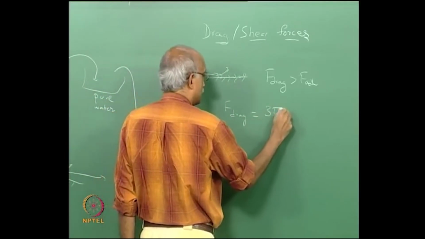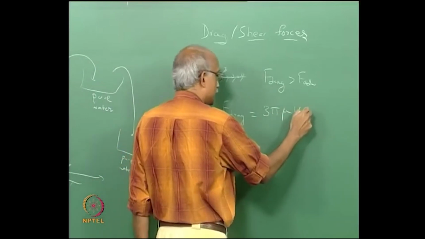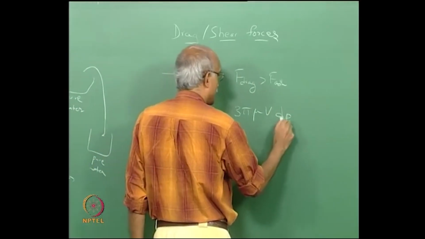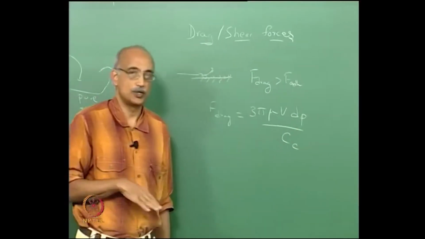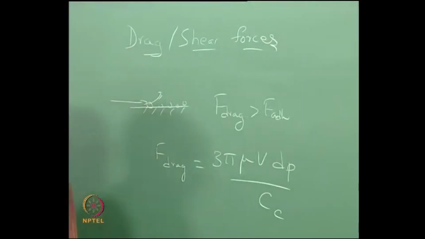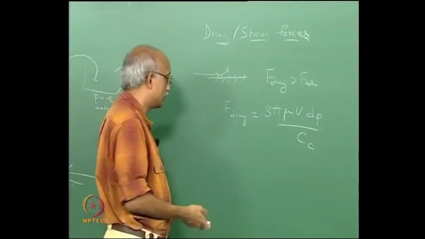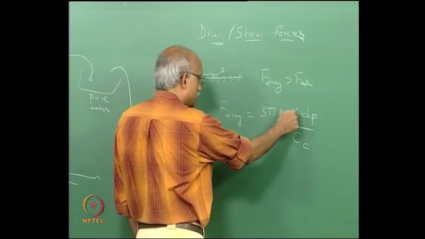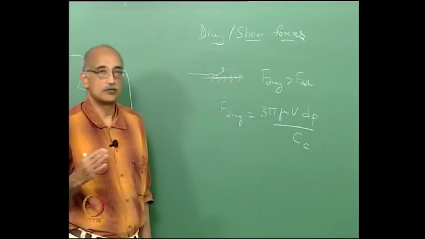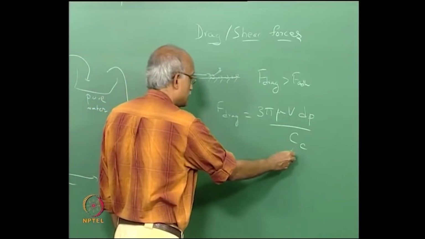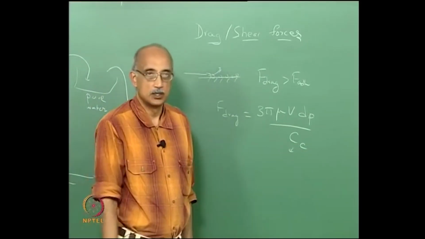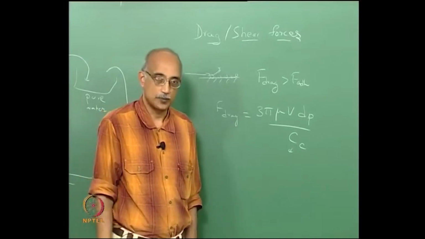Now the formula for drag is 3 pi mu v dp by Cc. We'll get into this in more detail when we talk about transport characteristics of particles, but I'm sure you are familiar with the basic equation. Mu is the viscosity, v is the relative velocity, dp is the particle diameter, and Cc is called the Stokes-Cunningham correction factor for no slip condition.